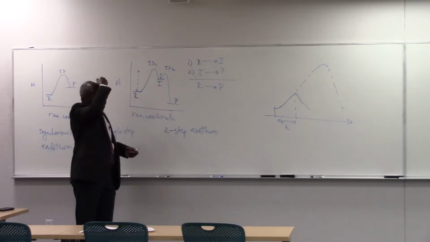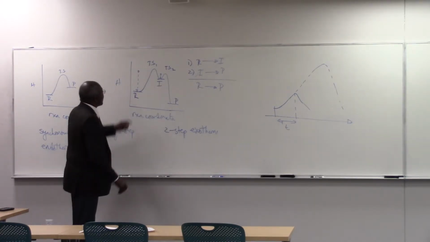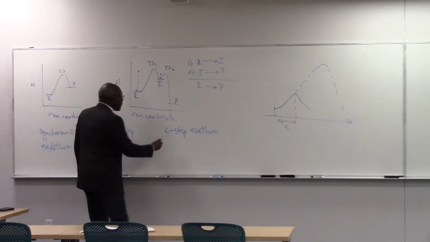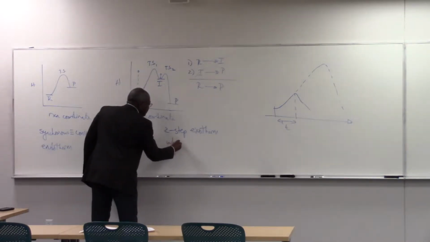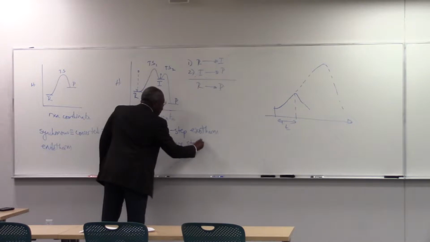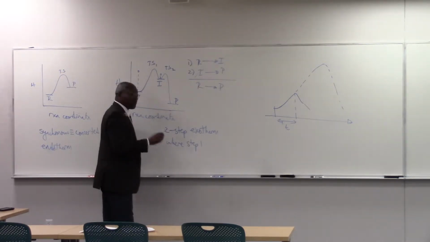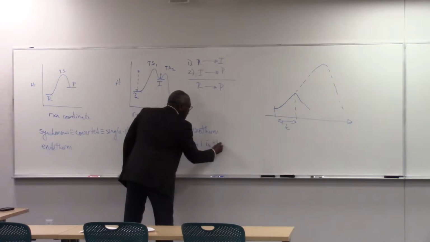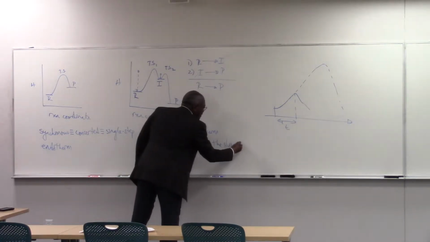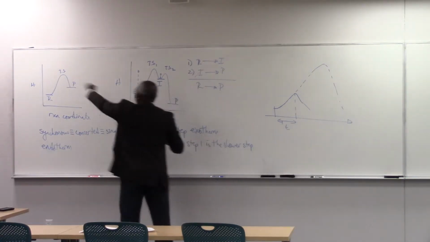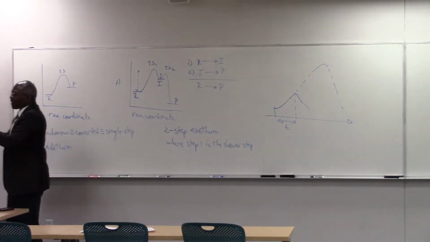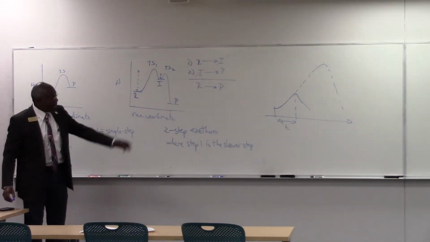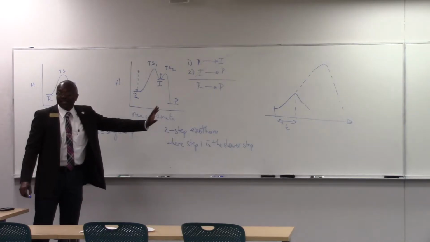So I can go better and say this is a two-step exotherm where step 1, and I'm going to phrase this in a couple of ways, I can say step 1 is the slower step. So why am I focusing on the step that is slower? And I could have just as well said step 2 is the fastest step.